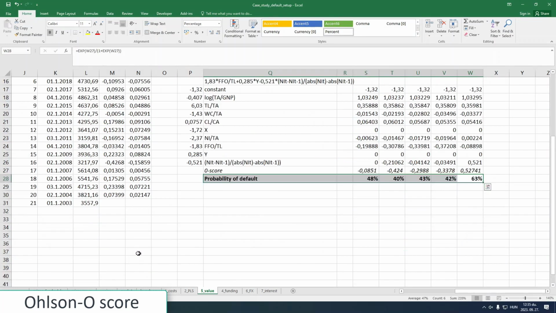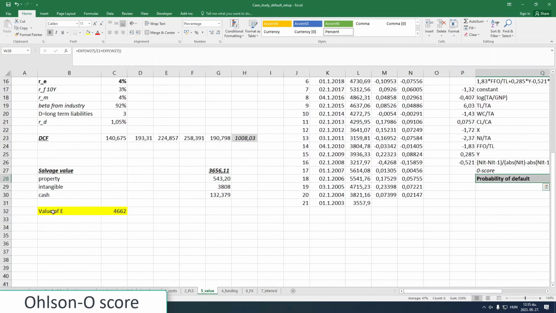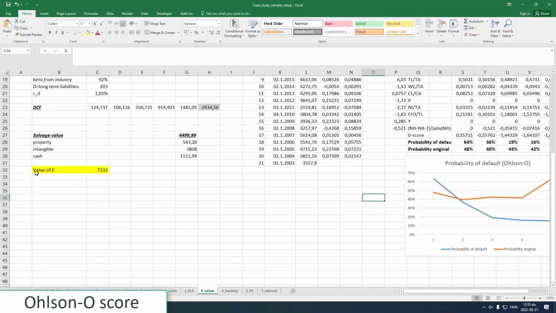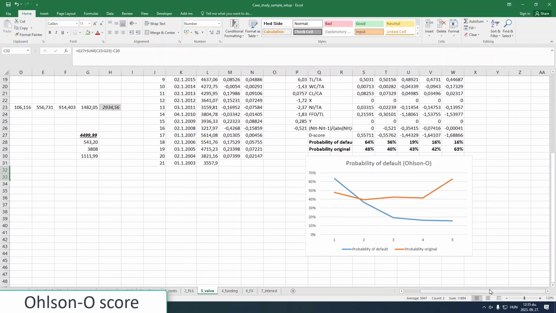If we are going back to the original one, then we can see the added value of the strategy from the shareholder point of view, but still we need to see what the risks are here.